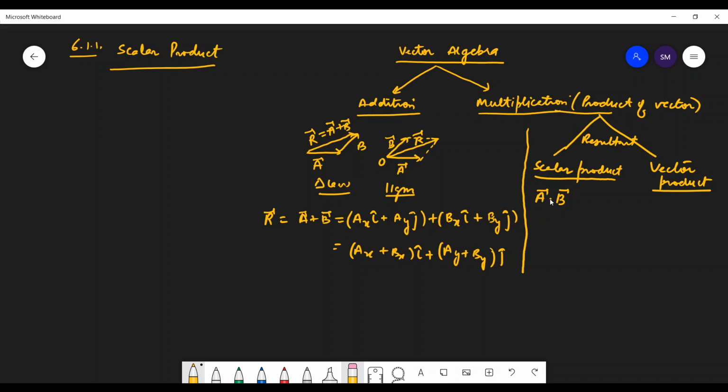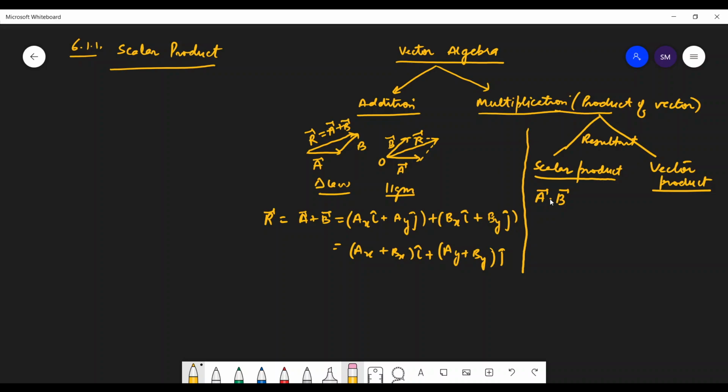You can see here that only a scalar can be equal to a scalar, meaning magnitude equals magnitude. It means A dot B is a scalar quantity, and A cross B is a vector quantity. There is an arrow on the top on this side, so this is a vector, and here this is a scalar.